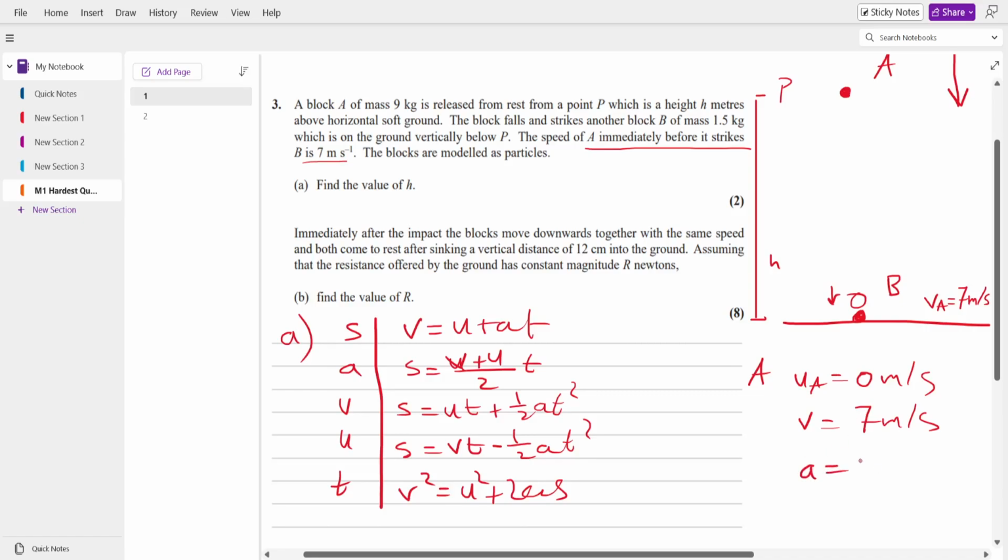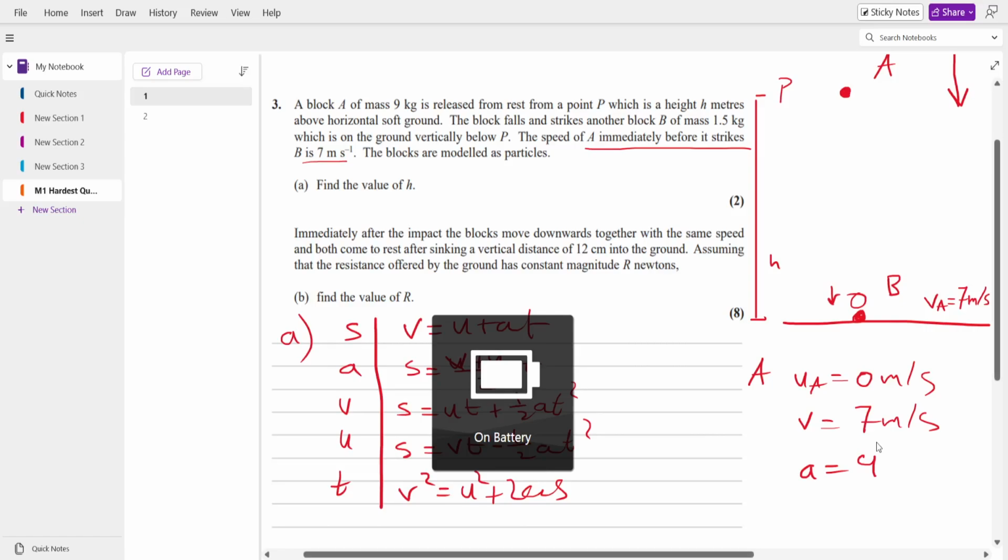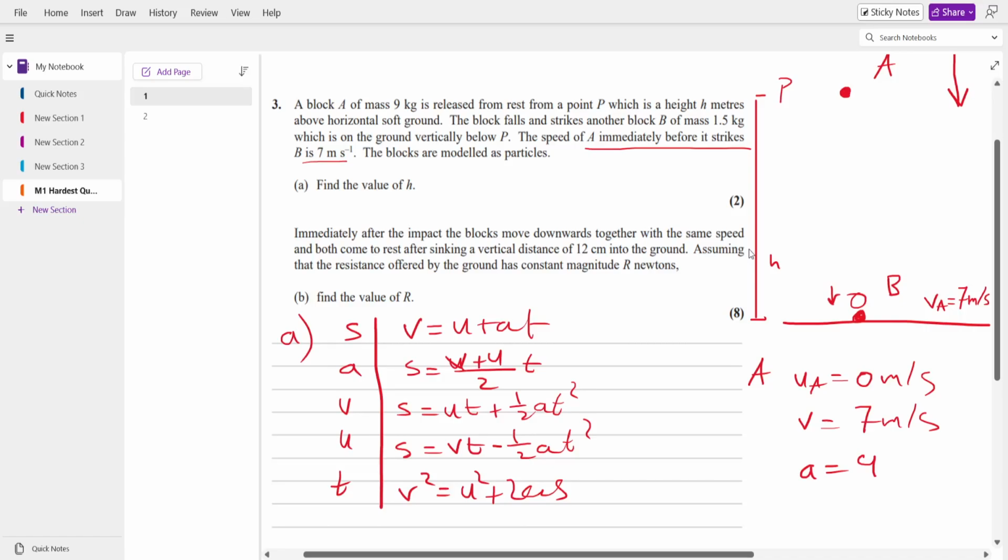And I know that my A is 9.81 meters per second squared, and my S is H, or I don't know what my S is.